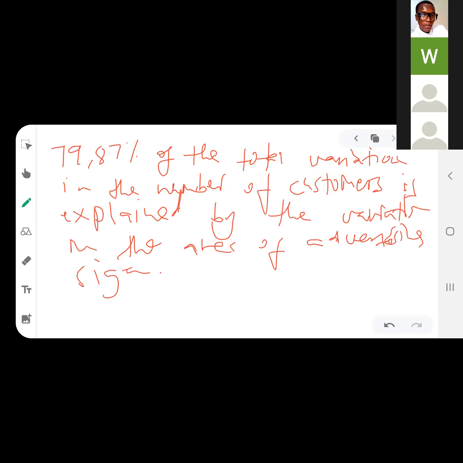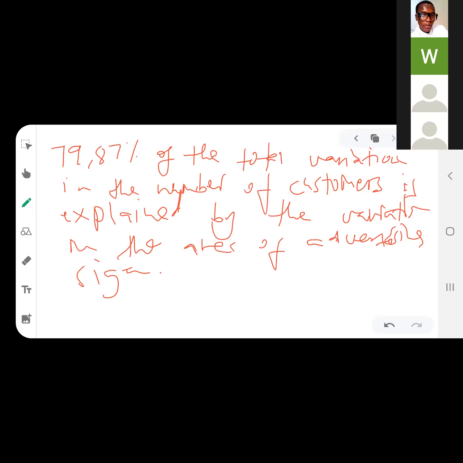It's the definition of the coefficient of determination, because the definition says the coefficient of determination alludes to a portion of the total variation in the dependent variable. The dependent variable is the response variable, or the endogenous variable, that is explained by the variation in the independent, or the predictor, or the exogenous variable.